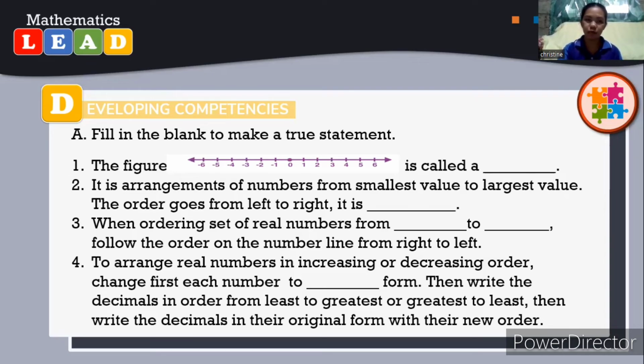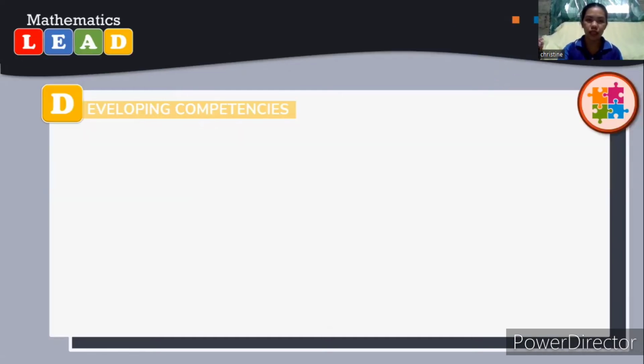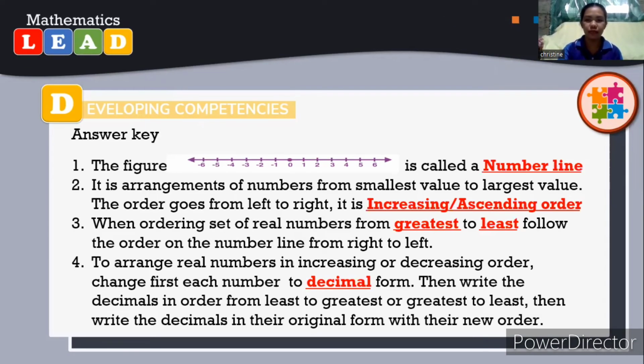And time's up. The answer for number 1 is number line. Number 2, it's either increasing or ascending order. Number 3, greatest to least. And lastly, number 4 is decimal form.